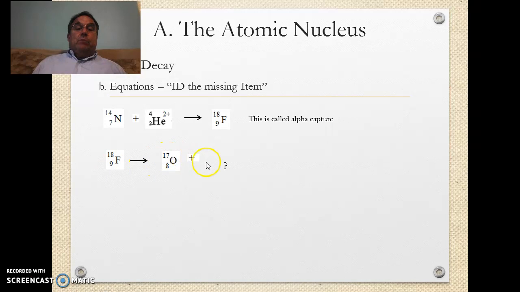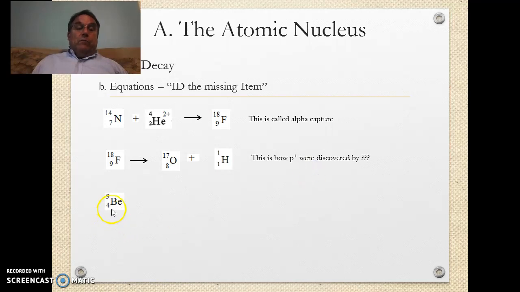And 17 plus what will give me 18? And the answer in both cases is 1. And then you say, what subatomic particle has an atomic number of 1 and a mass of 1? And it would be hydrogen. In fact, this is how protons were first identified by, who remembers? Yeah, by our favorite, Ernest Rutherford.